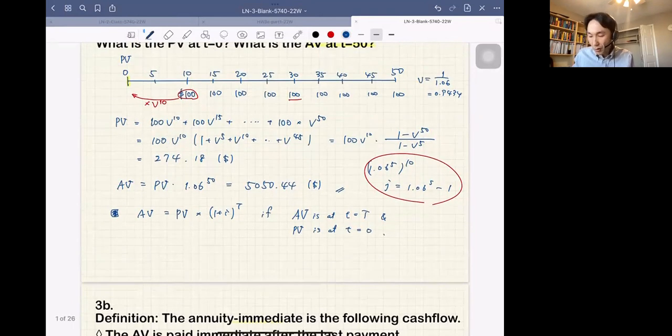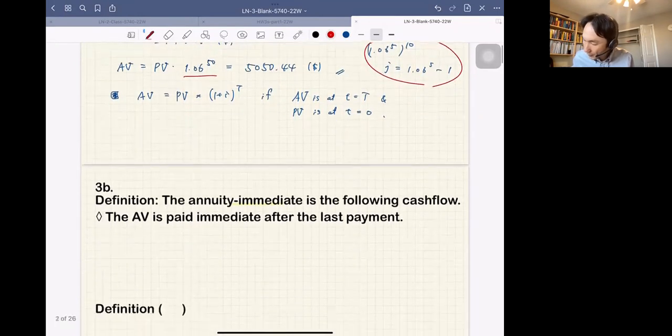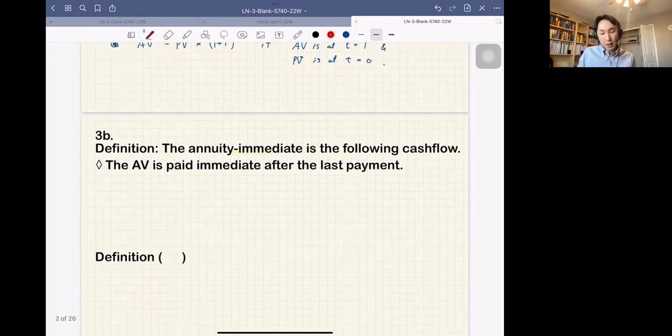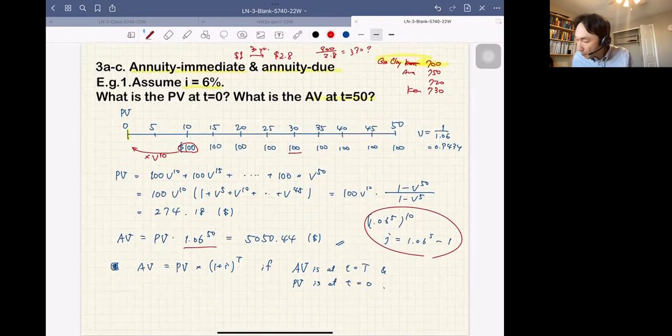Sometimes you are asked the present value, sometimes the accumulated value, but those are basically the same question. As long as you adjust this factor, we can translate from PV to AV or AV to PV. Any questions?